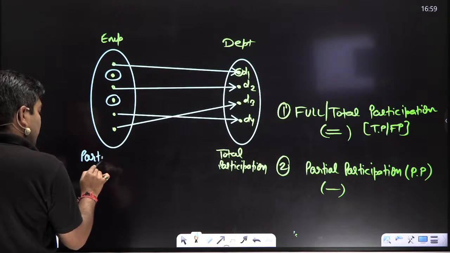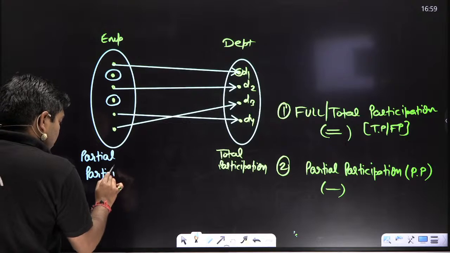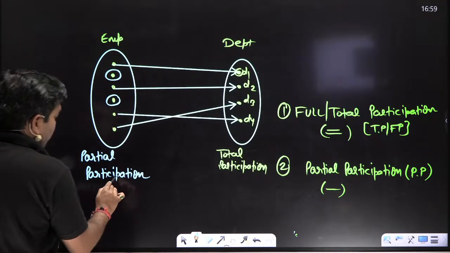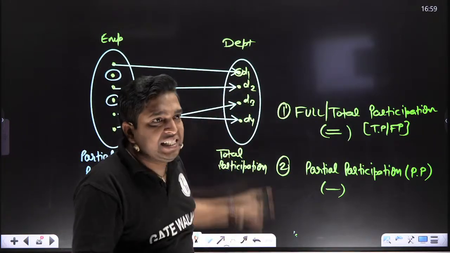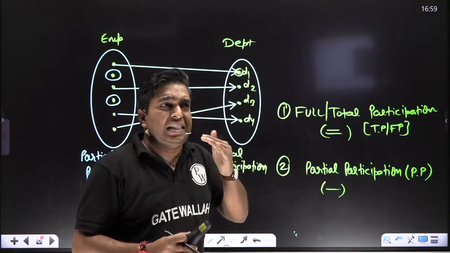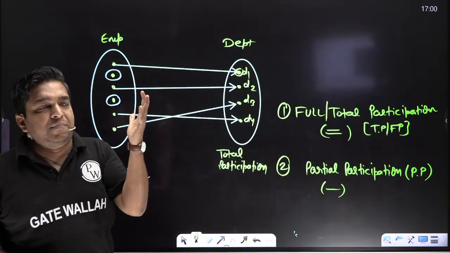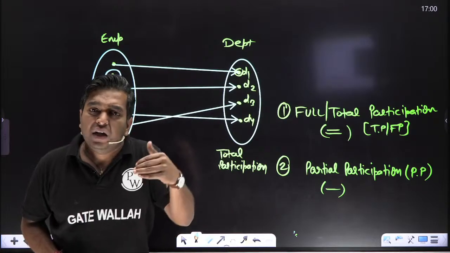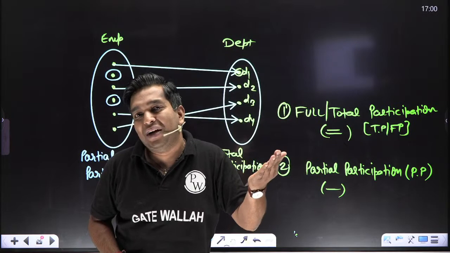This is called partial participation. So what we can conclude: if every entity of the entity set participates in a relationship, then it is a total participation, otherwise partial participation. Meaning, if 100% participation is there, then you can say total or full participation, otherwise partial participation.